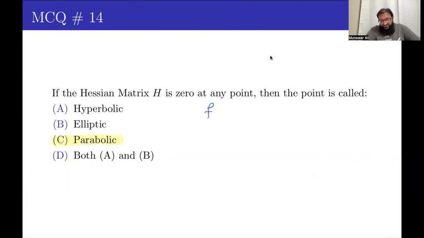So if you take a function which is simply a function of two variables, then you can define its Hessian to be a matrix with these partial derivatives. But if this matrix is 0 at a point, what does it mean?